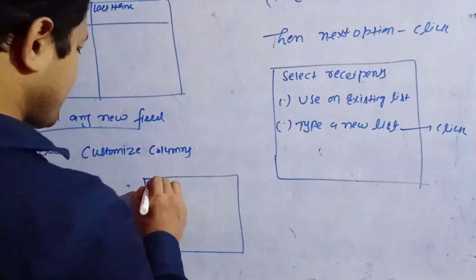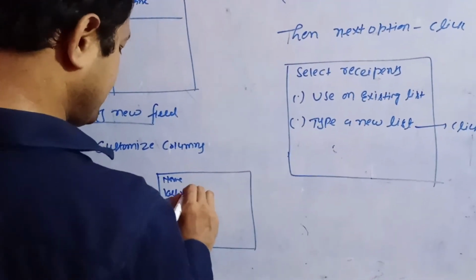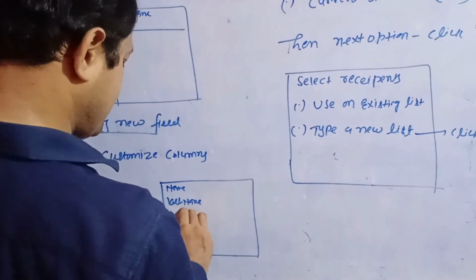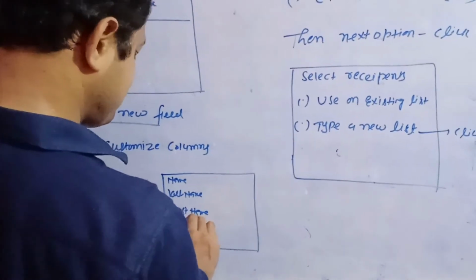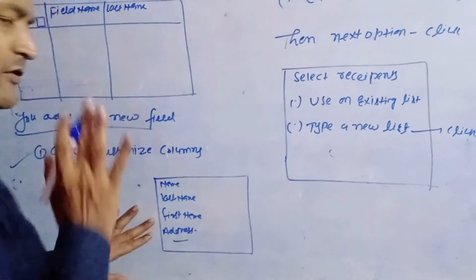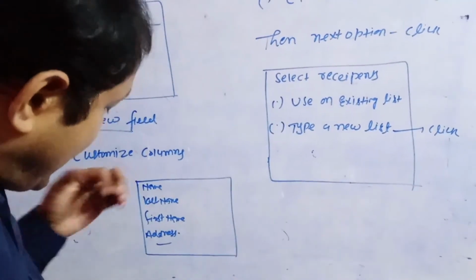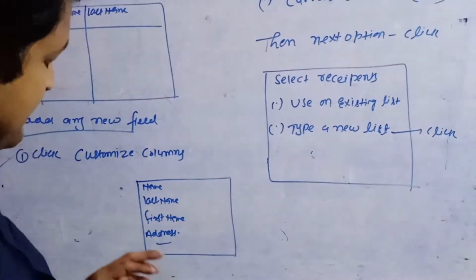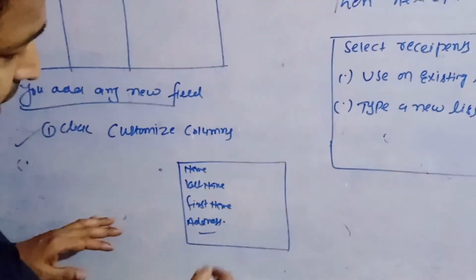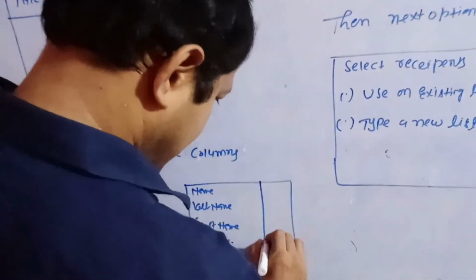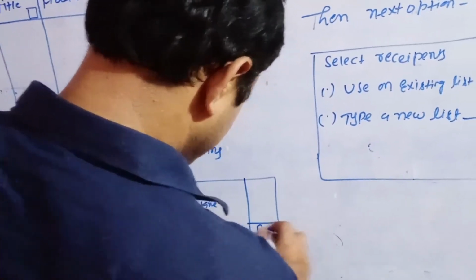There are so many options related: name, last name, first name, address, so many fields involved. But you add any new field that is not used, and just click one by one to remove.